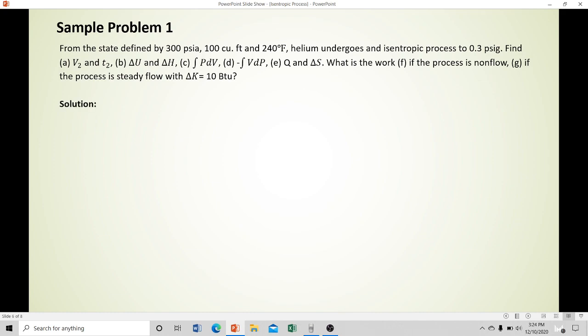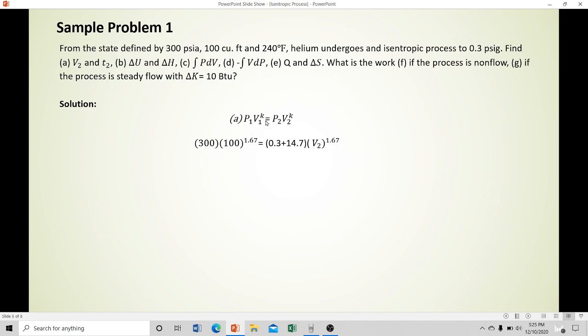For the solution, for part A, we have the relation between P and V: P1 V1 raised to K equals P2 V2 raised to K. If we substitute the given, we have 300 psia and 100 cubic feet.